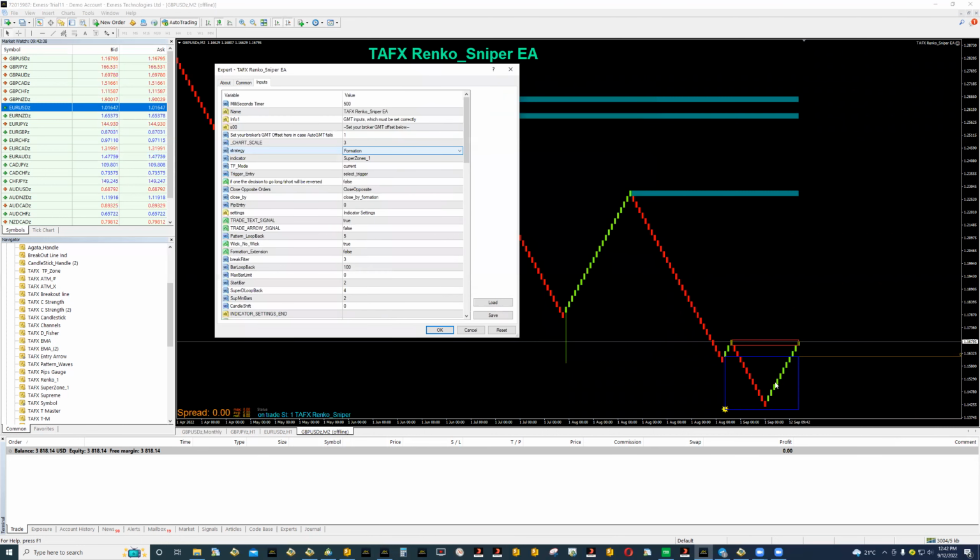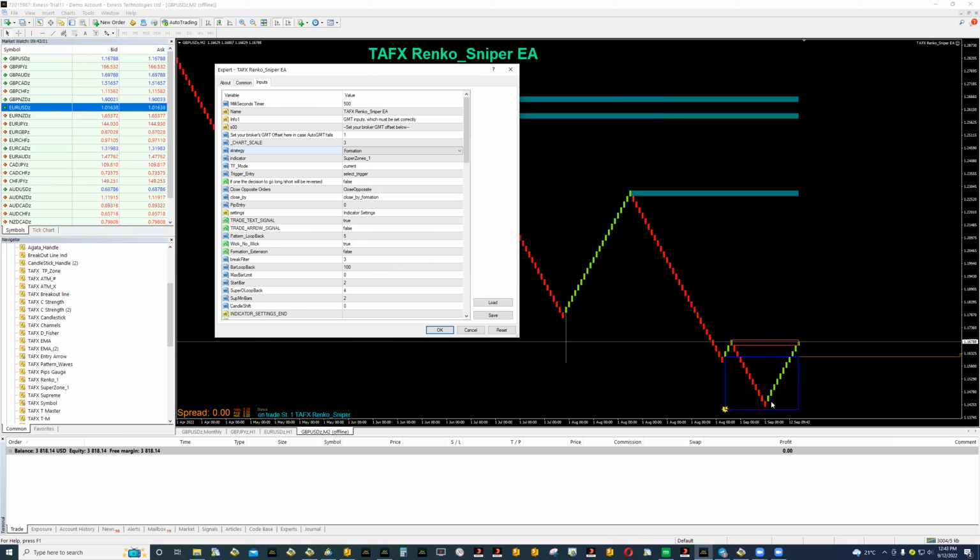This strategy one, guys, formation, is used wherever there is a pullback. If you want to trade professionally without fearing the news, we have been talking about this. All you need is to work with strategy one of the TFX Sniper system, whether for MT4 or MT5, right?